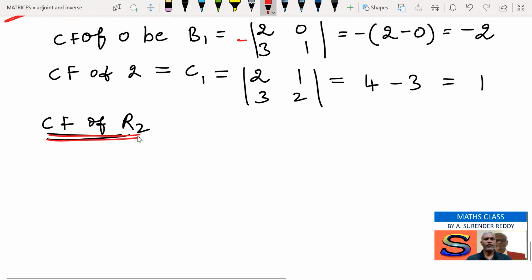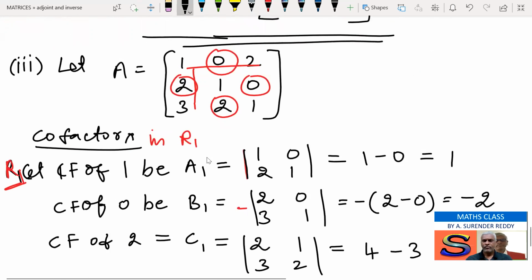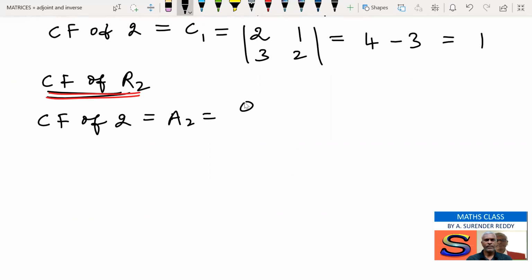Cofactor of the second row element 2, let us name it A2. Eliminating this row and column, we get 0 2, 2 1, and for this we get minus.